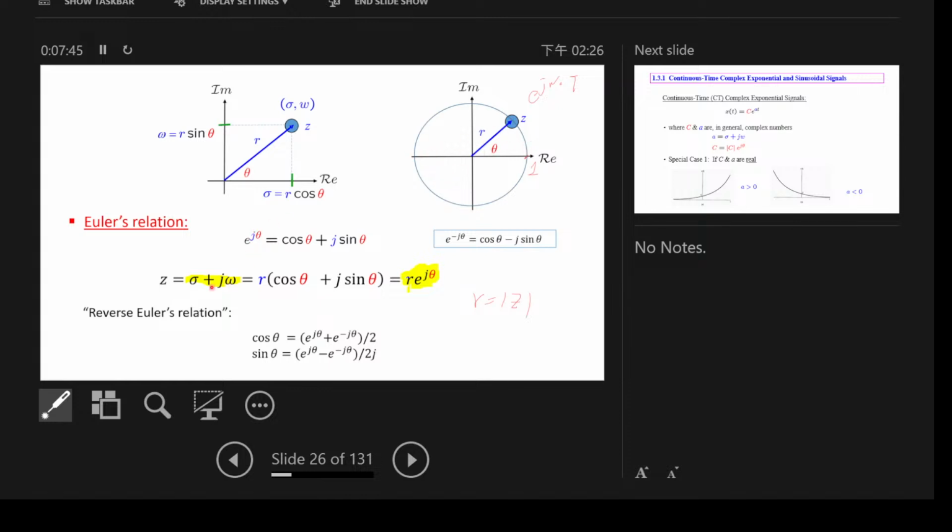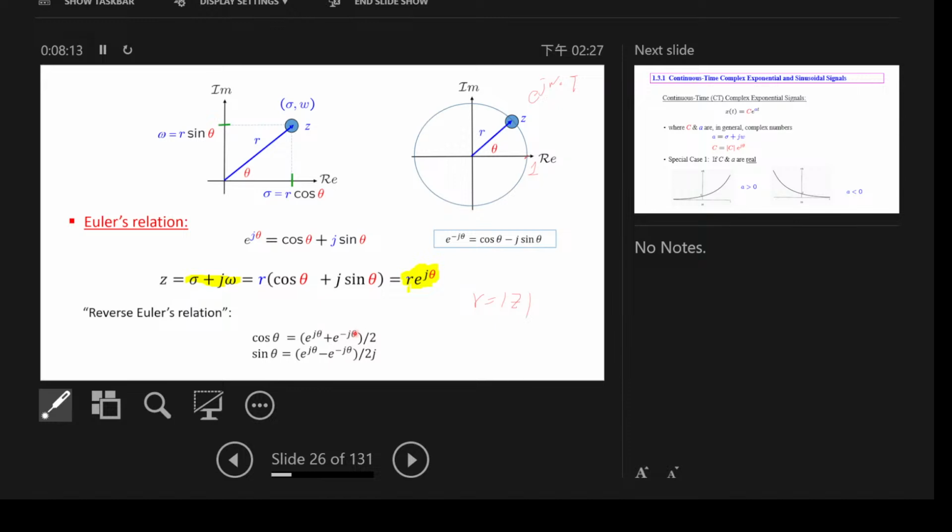So you can express your complex number as sigma plus j omega, the real part plus imaginary part, or r times e to the j theta, where r is the radius and theta is the angle. Okay, and this can be derived from the Euler relation. And then we also sometimes use the reverse Euler relation that breaks cosine theta and sine theta into linear combinations of e to the j theta and e to the minus j theta.